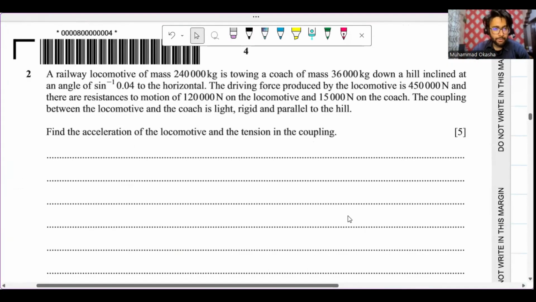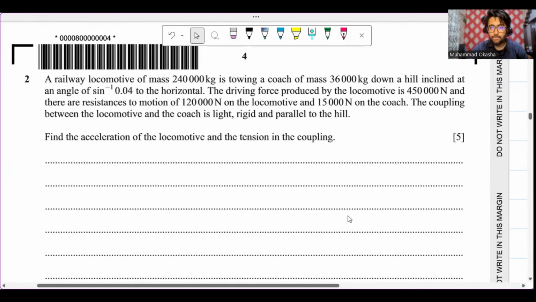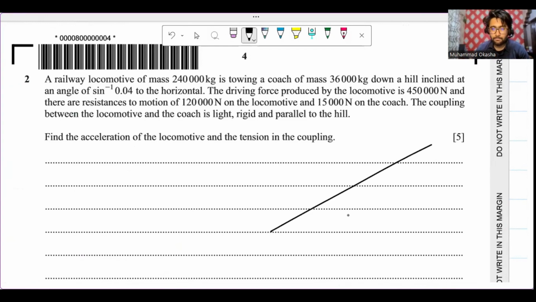A railway locomotive of mass 240,000, it's quite a heavy locomotive, is towing a coach of mass 36,000 down a hill. So we have a hill. These keywords are really important.